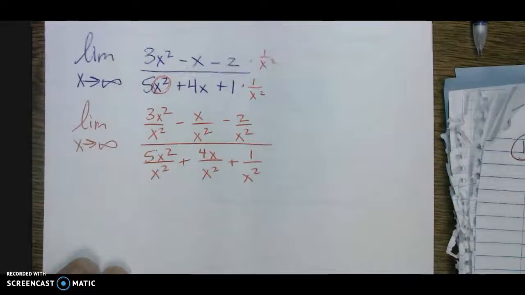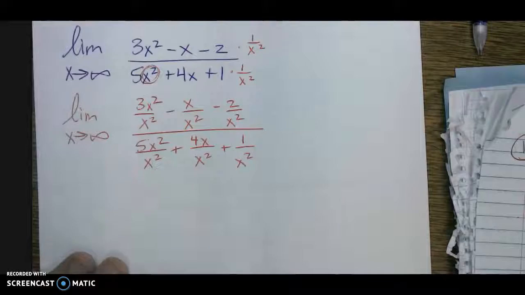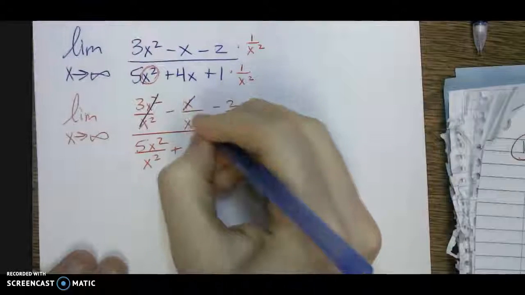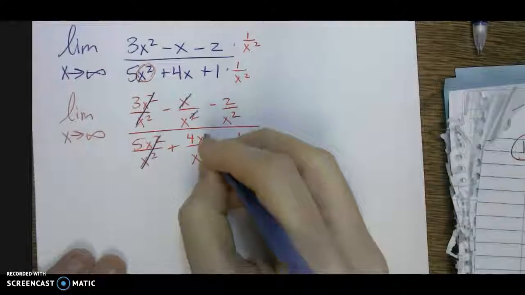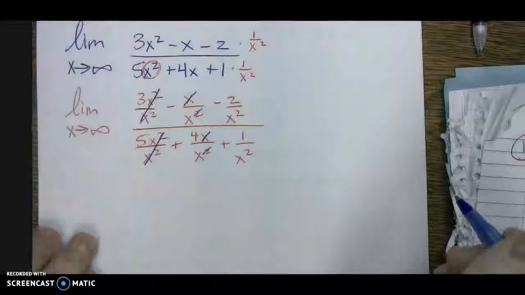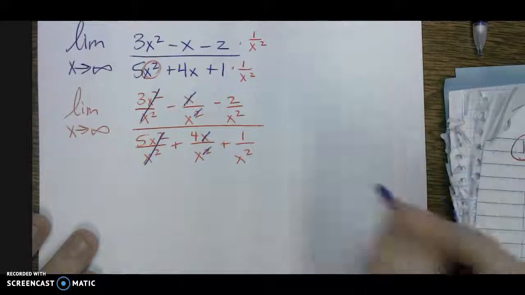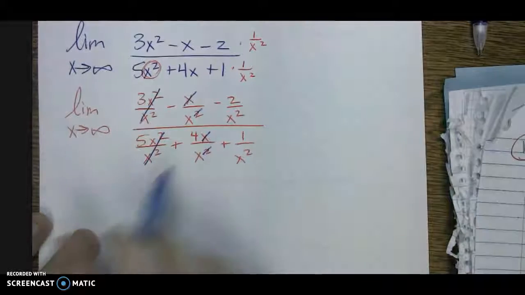Then you go through and reduce each of your fractions. So your x squareds reduce, this x cancels, your x squareds reduce, this x cancels, and whatever's left, you can go ahead and plug in infinity.